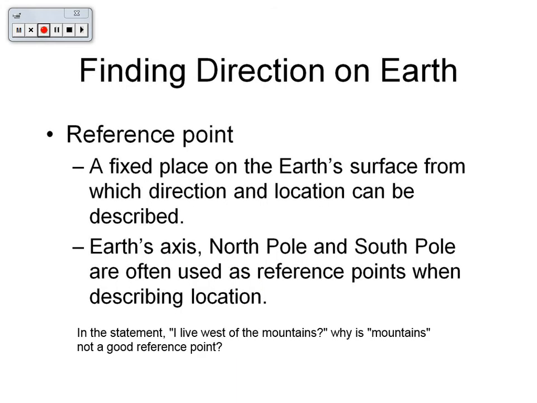Whenever we are discussing direction on Earth, you're going to generally use reference points. That's when you pick a fixed place on the surface from which direction or location can be described, like either your latitude or longitude, like we're 77 degrees west longitude and 37 degrees north latitude.